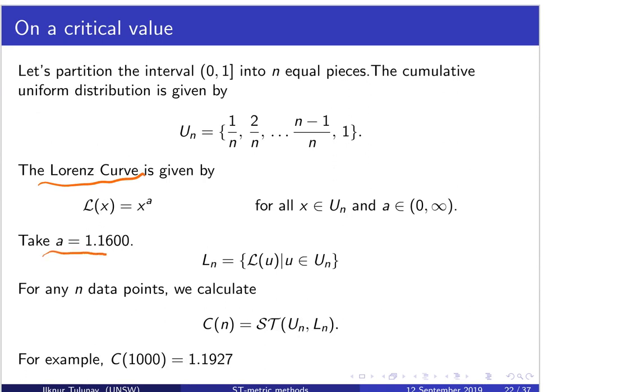A Lorenz curve is defined as L(x) = x to the power a, for this particular power a. And U_N is the cumulative uniform distribution, that is, if we have the 0-1 and 0-1 as the diagonal.